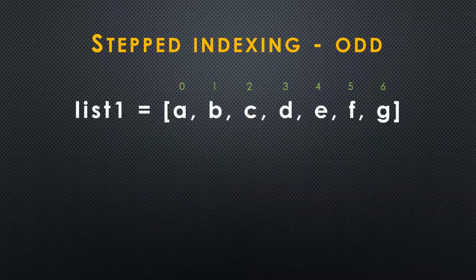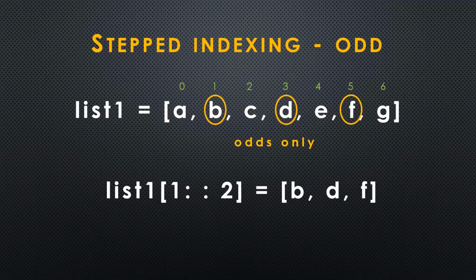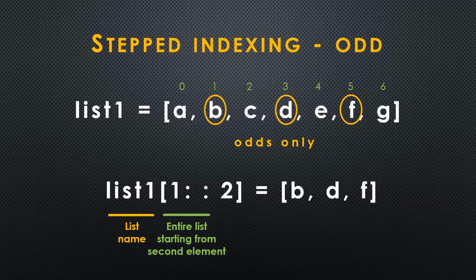But what if, given the same list, we want to isolate the odd elements instead? Well, the syntax is very similar to before. All we do is write list1[1::2], where list1 is again the name of the list, and this time 1 followed by 2 colons means we want to consider the entire list starting from the second element.